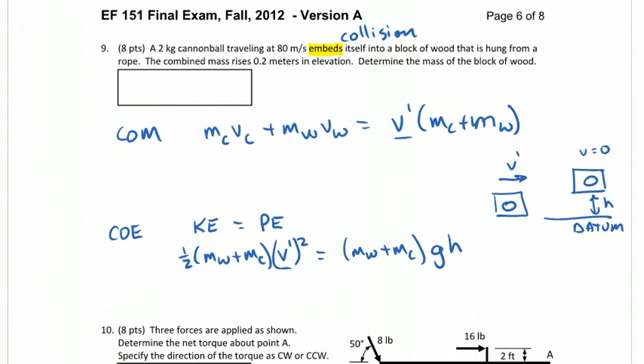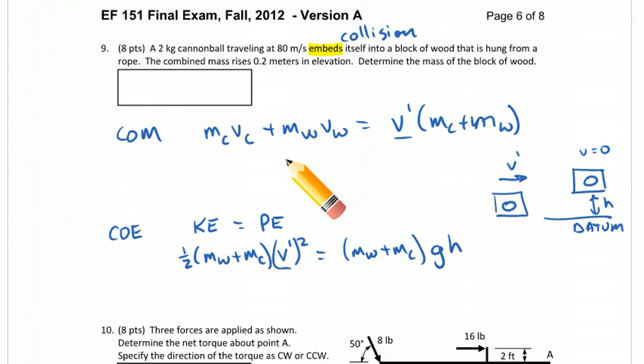Alright, so in this equation we again have two unknowns, the final velocity and the mass of the wood plus the mass of the cannonball.